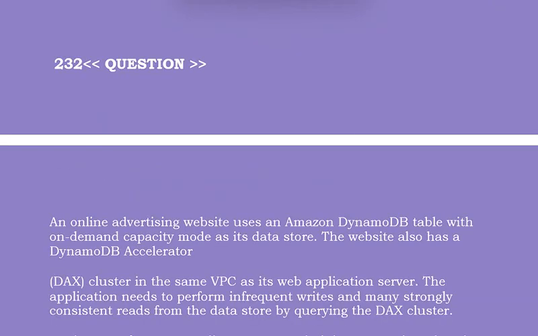Question is, an online advertising website uses an Amazon DynamoDB table with on-demand capacity mode as its data store. The website also has a DynamoDB Accelerator DAX cluster in the same VPC as its web application server. The application needs to perform infrequent writes and many strongly consistent reads from the data store by querying the DAX cluster.